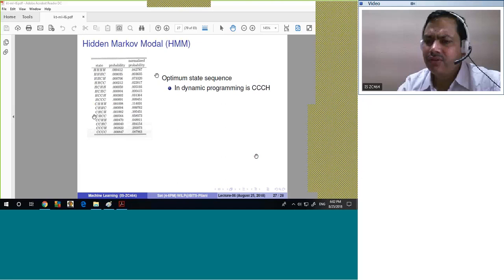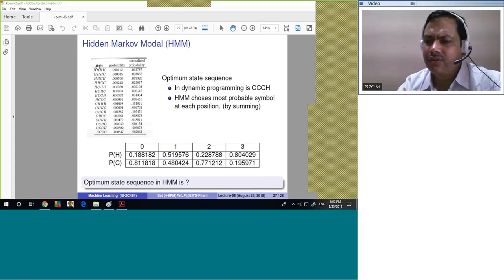Then we have seen that in the dynamic programming approach, the highest probability is 0.29, and the sequence is CCCH. But in the hidden Markov model, for every day it sums the probabilities and sees the probability of that day being hot or cold.